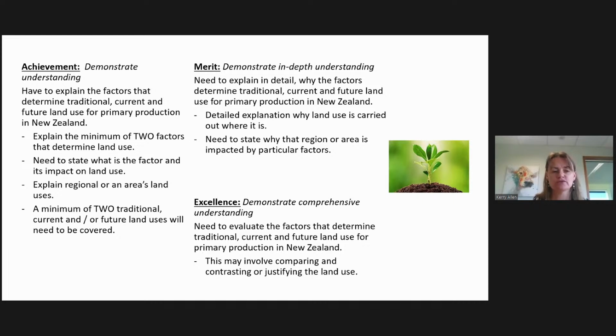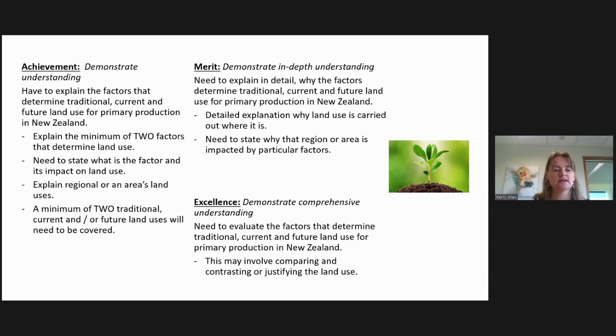So here you have to relate it back to the regional or an area's land uses. So how that particular use has been influenced by that factor, and therefore what has happened in that region. Once we've looked at that factor, and I'll explain what the factors are shortly, we then need to have considered at least two either traditional, current, or future land uses for that area or for that factor.